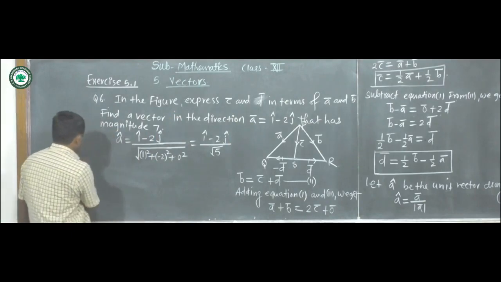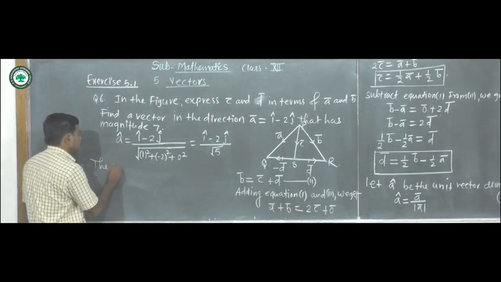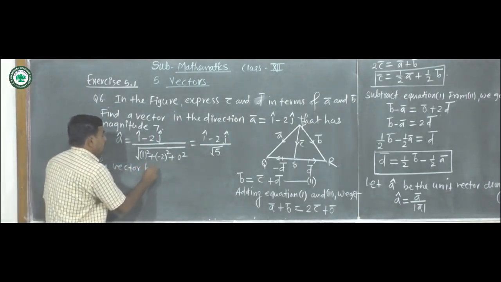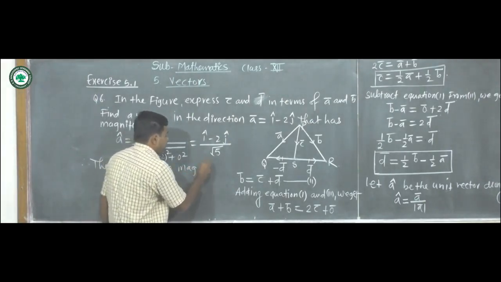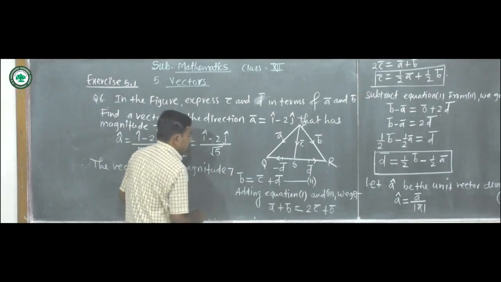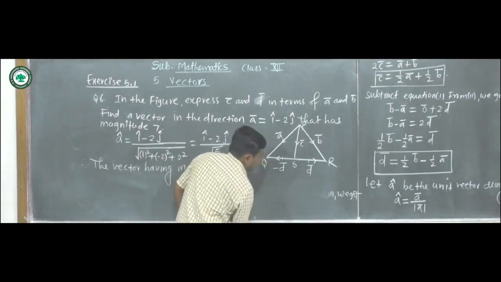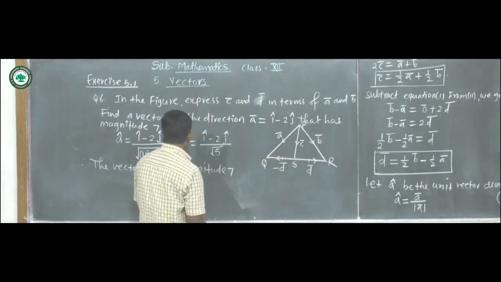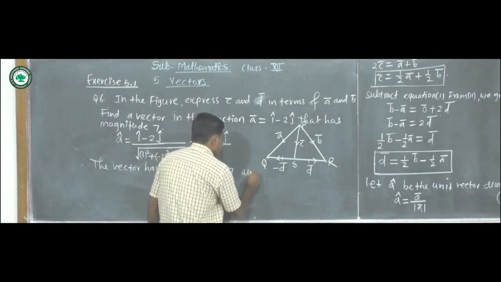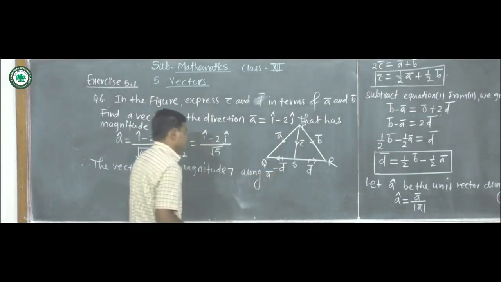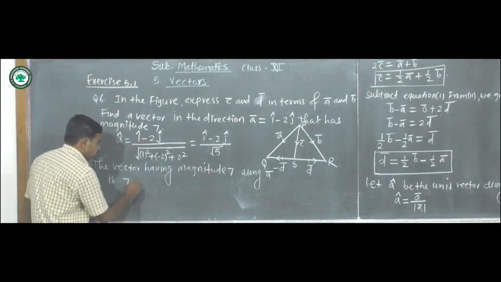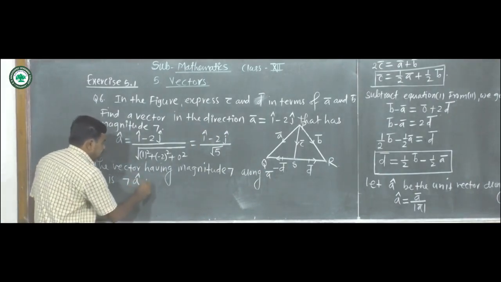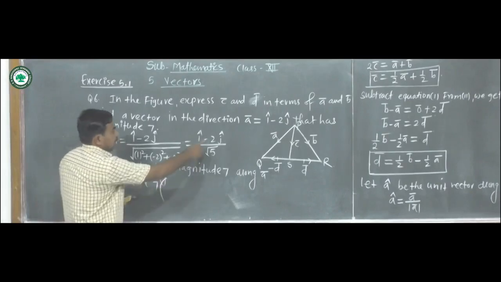So therefore the vector having magnitude 7 along A bar is 7 into A cap, that is 7 into, what is A cap here?